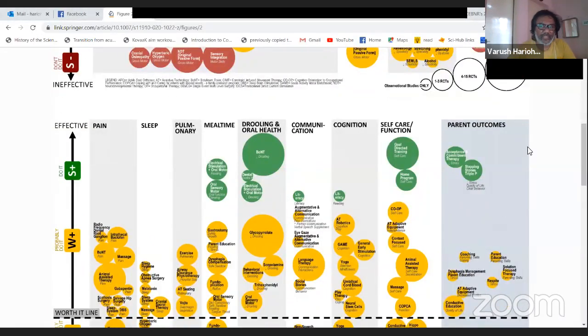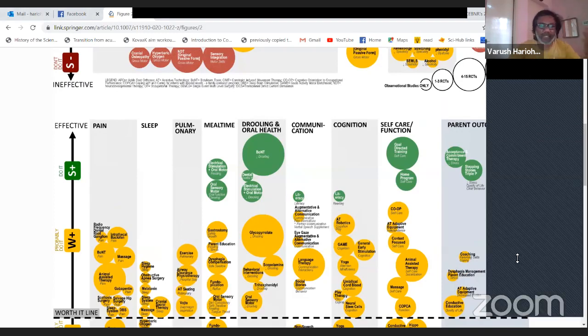Why I'm talking about this is that if your patients ask you what can I do for this or that, try to nudge them towards what has the highest level of evidence, so they have an understanding.